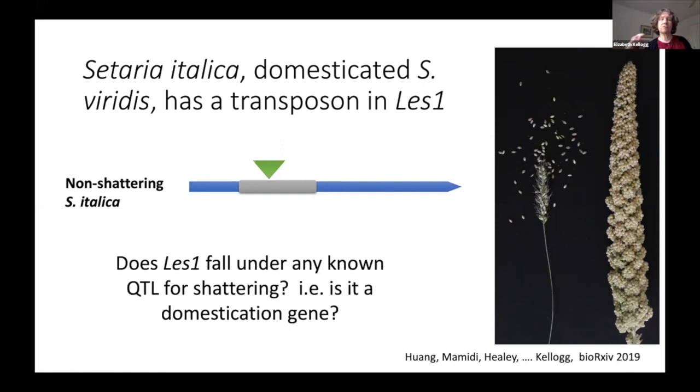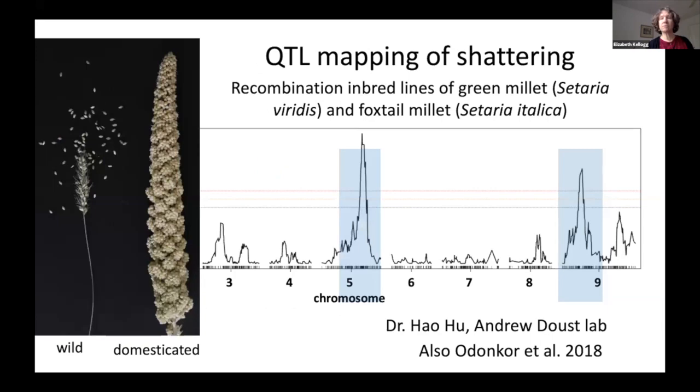So that lets us then go back to some QTL studies that have been done by colleagues and also published. And the question is, does it fall under any known QTL for shattering? That is, is it a domestication gene? So here's a QTL map of shattering from an RI line that Andrew Doust made and has developed in his lab between a wild Setaria viridis and the cultivated foxtail millet.